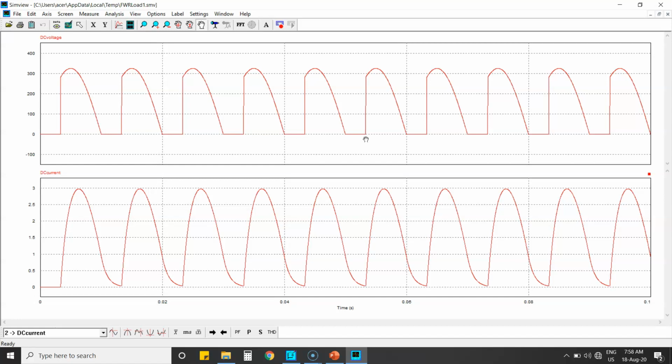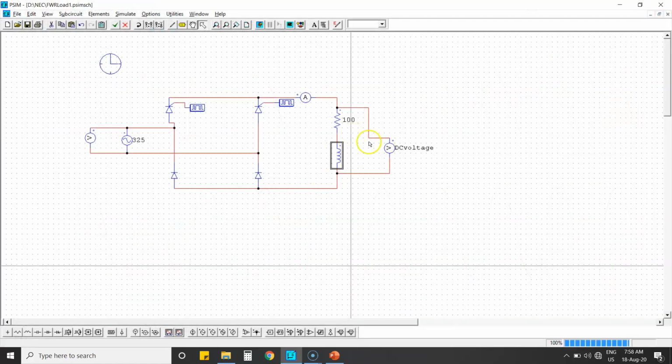The current is always positive, but your voltage is positive and then negative. This is the main difference between the full converter and the semi converter. Whatever the L value, you will never get a negative voltage or negative current in the semi converter. Just do the same for E load, that is, add a battery here and see the output voltages.